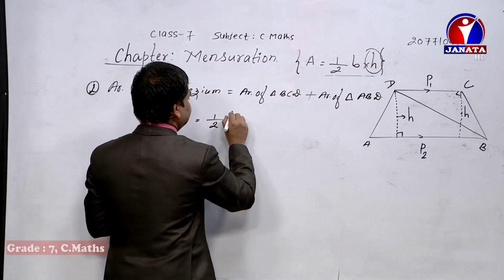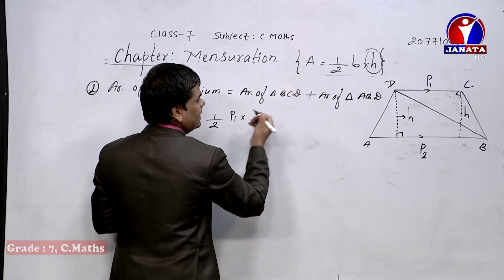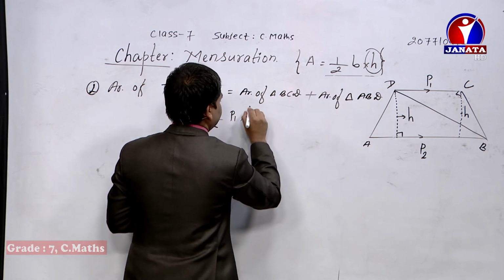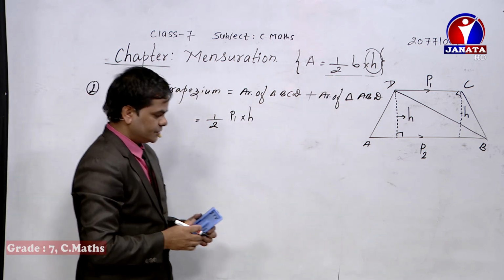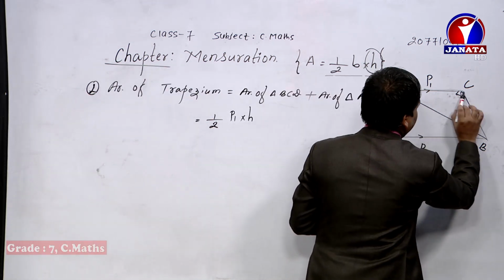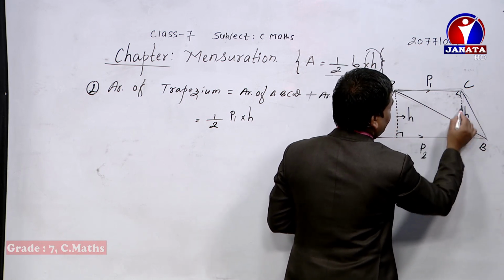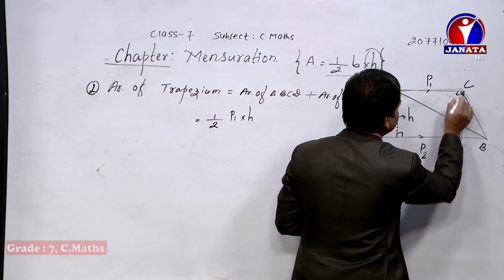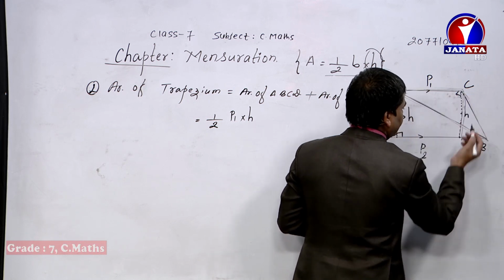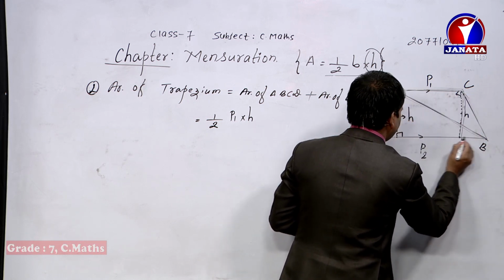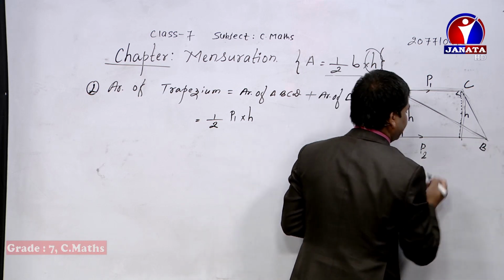So base is P1, and the height is h. To find the area of this triangle, base into height. Why are we using this height? Because this triangle came from this vertex up to the parallel line down to the other parallel line, isn't it?